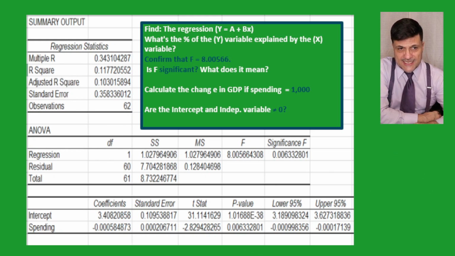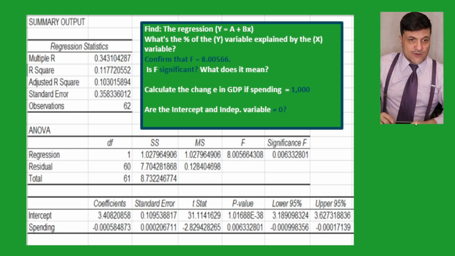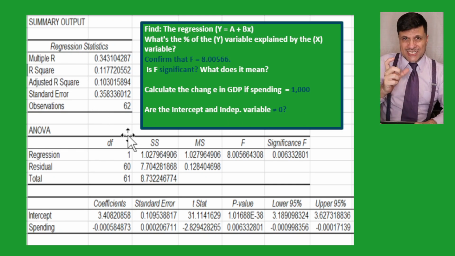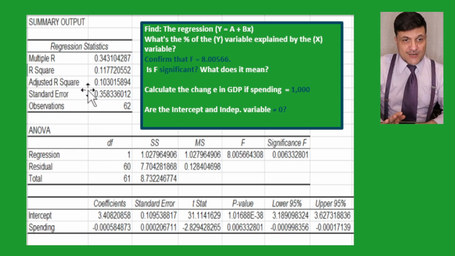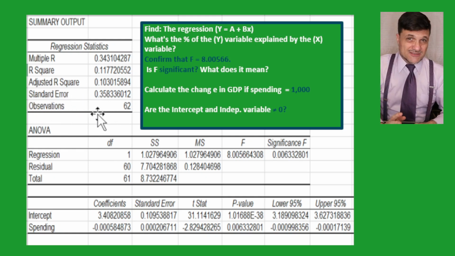Usually not the case here, but if you keep adding more independent variables, you're going to have the adjusted R squared changing. But forget about the adjusted R squared. The standard error is not very relevant here. The observations, well, maybe. The most important ones are the multiple R and the R squared.